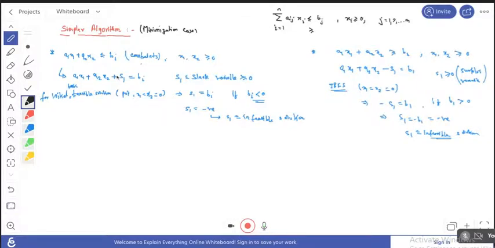You simply introduce a slack variable, and its value is positive. But if it is a less-than-or-equal-to inequality and bj is negative, then after introducing the slack variable you get an infeasible solution.